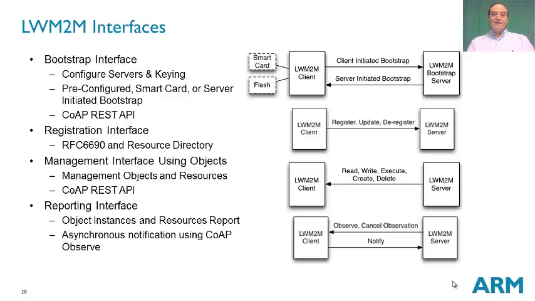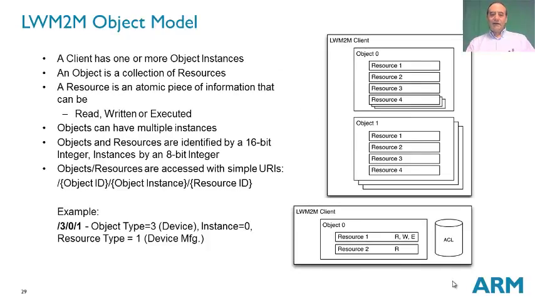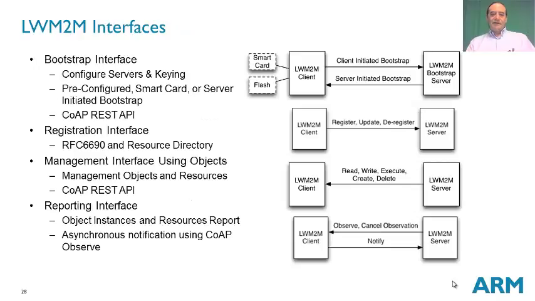Then there's a management interface, which basically is the REST API that the applications, management applications, and data applications use to interact with the Lightweight M2M devices through the server. That uses the CoAP REST API. And then finally, there's a reporting interface, which is the asynchronous notification interface of CoAP, and that's used for Lightweight M2M devices to indicate changing data to applications that are connected to the server.